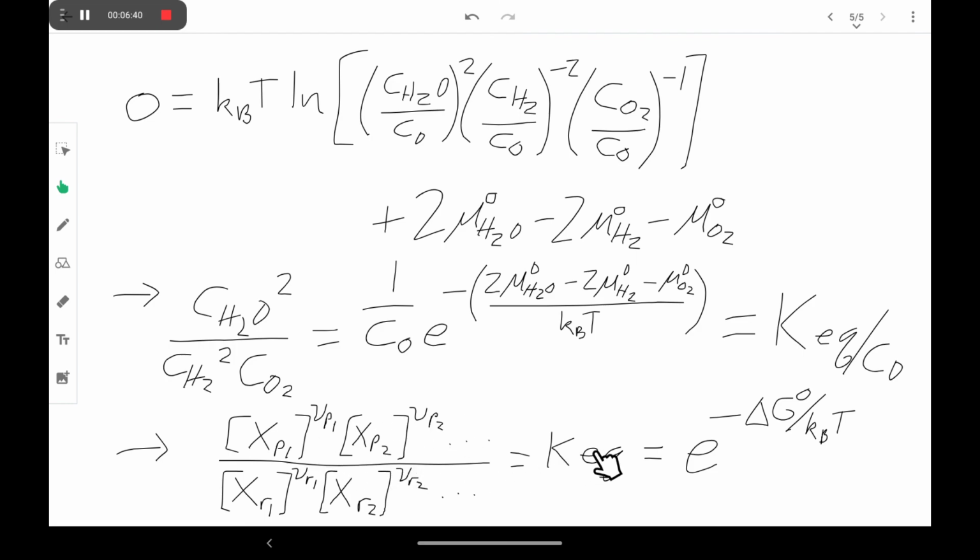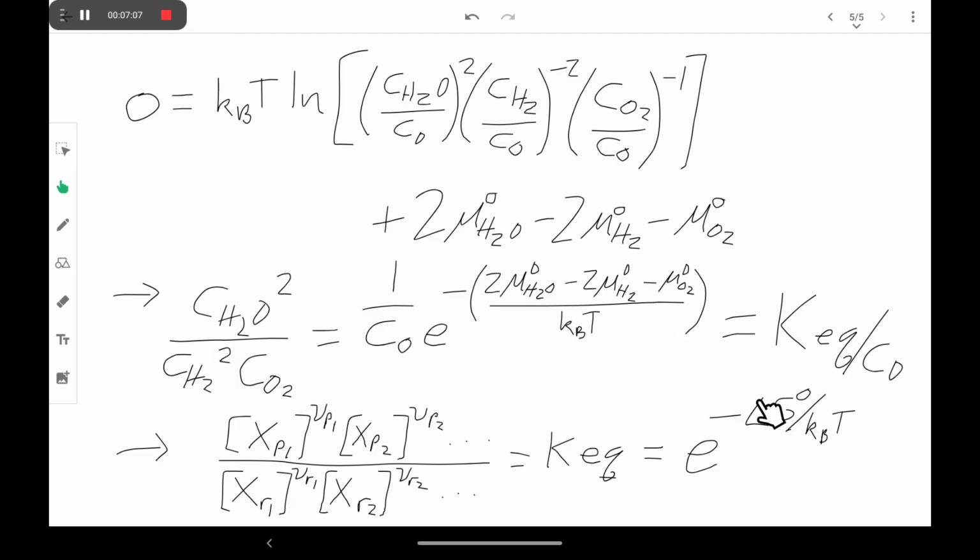And that should always equal K_eq, which we've shown before can be expressed in terms of the Gibbs free energy for those constants. This looks a lot like the Gibbs free energy we saw before, but it's the constant part of it, the part that depends not on concentration, just on characteristics of the molecules and temperature.